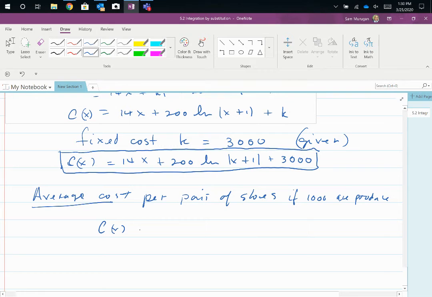C(x), cost of x, is equal to x, C bar x, and these are formulas I gave you before, right? So C bar x, average cost, is equal to C(x) over x.